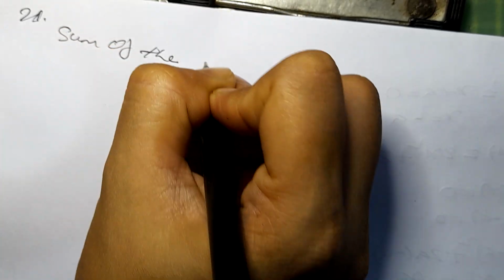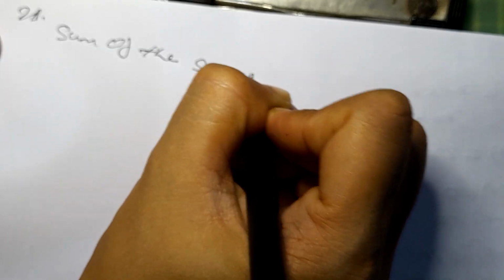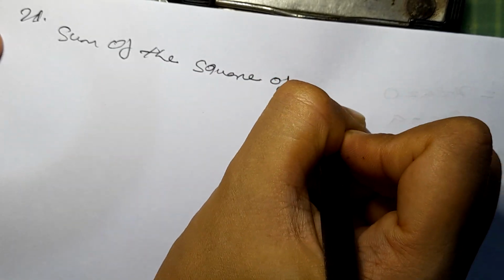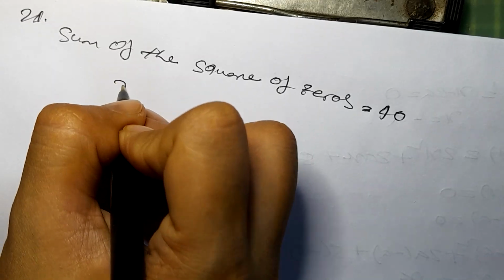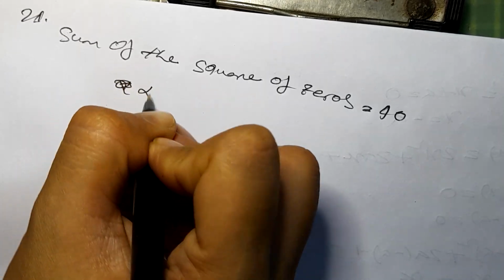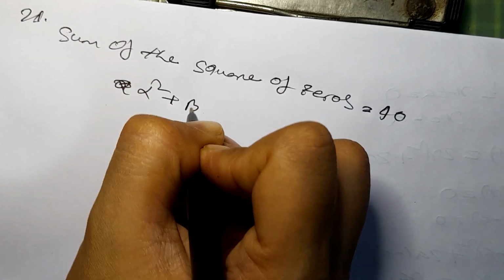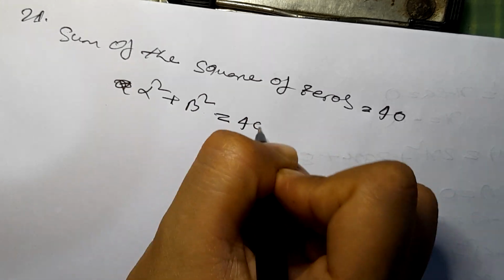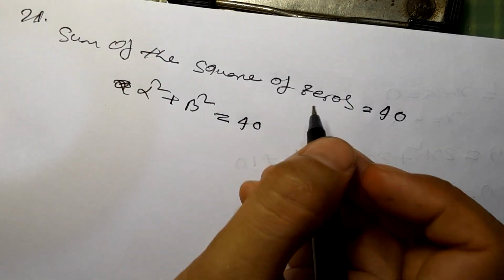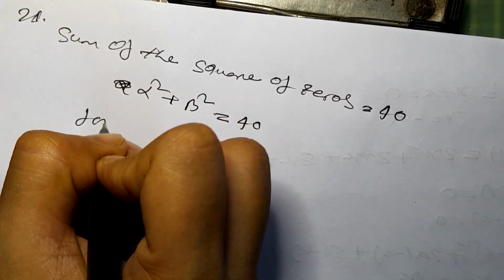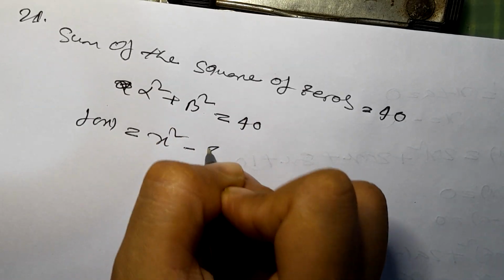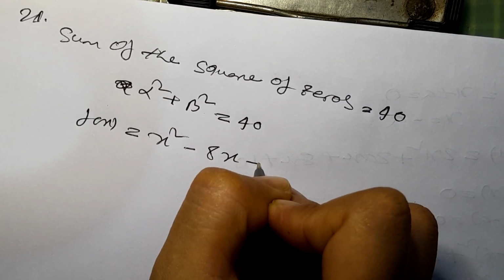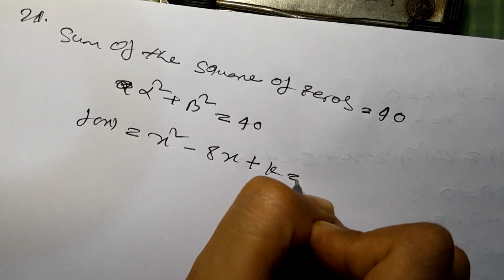Sum of the square of zeros is how much? 40. Sum of square means alpha square plus beta square equal to 40. And the quadratic is given. F of x is given, that is x square minus 8x plus k is equal to 0.